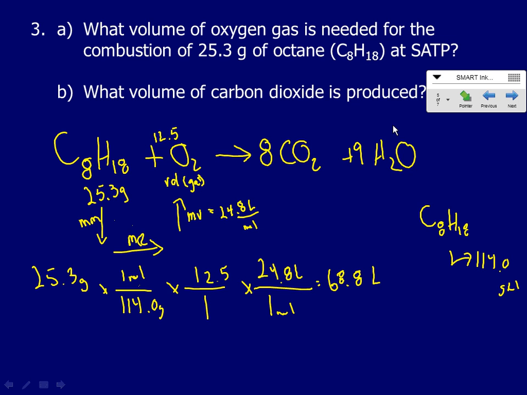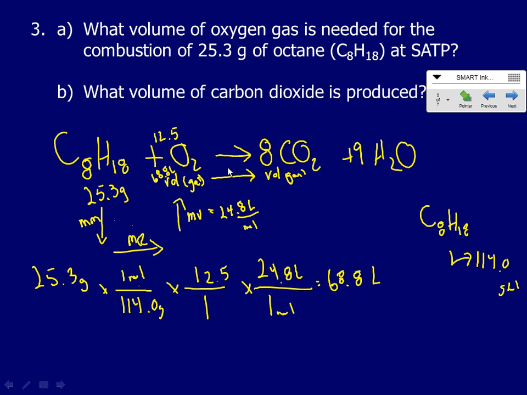Now, normally I would say, all right, this is easy. All we're going to do is go over here to carbon dioxide and we're going to be done. But in actual fact, we now know this volume right here. We know this number to be 68.8 liters. And the carbon dioxide is going to be produced also at the same temperature and pressure. We're going to make the assumption because we don't say otherwise, which means I can go straight over there, save a little bit of time, and get the volume of the gas, CO2.